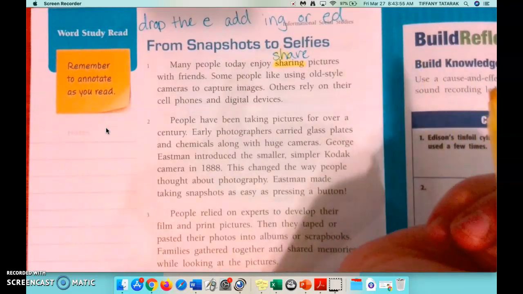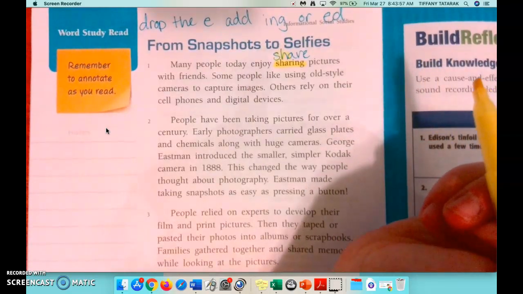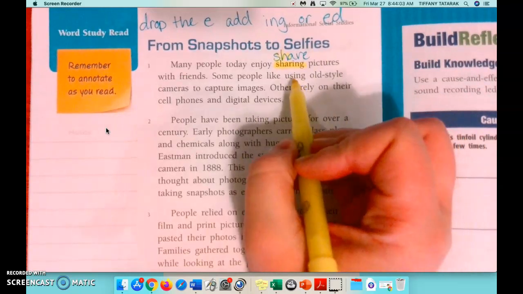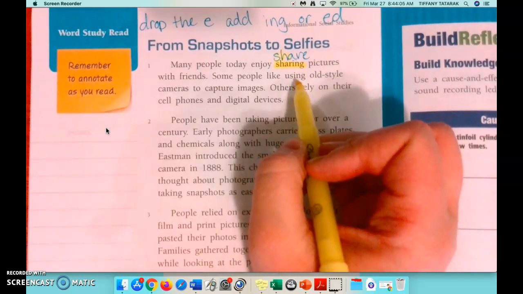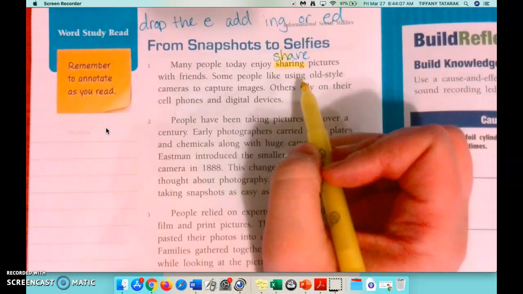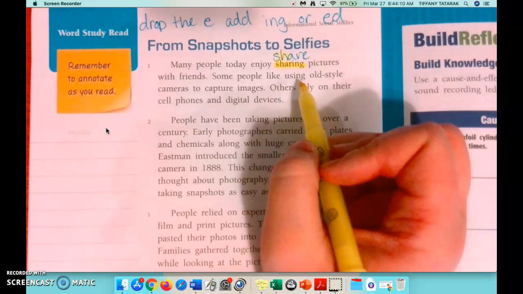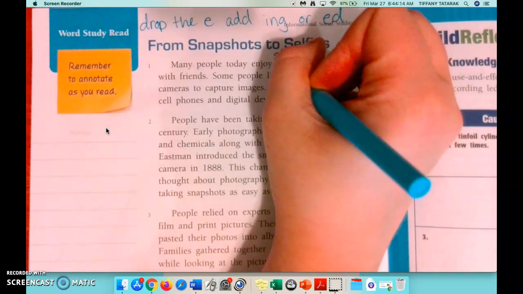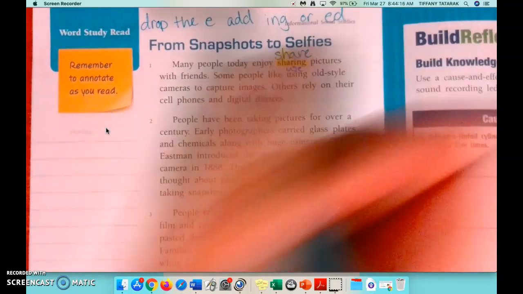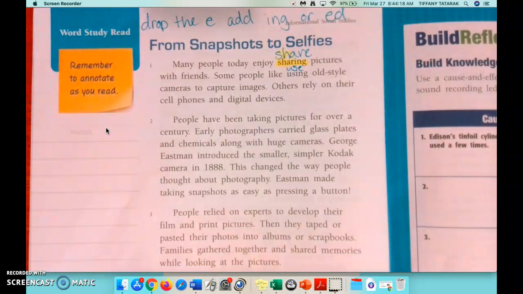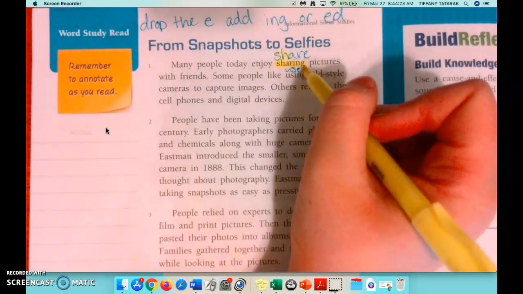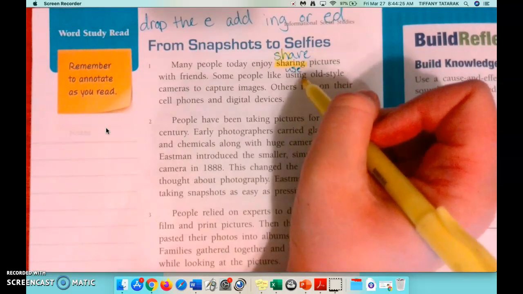All right, so our next sentence says, some people like using old-style cameras to capture images. Well, here I see an ing ending, and this word is using. I think about what the base word of using is, and the base word for using is use, U-S-E. Then I look, okay, I see an E at the end, but I don't see an E in using.